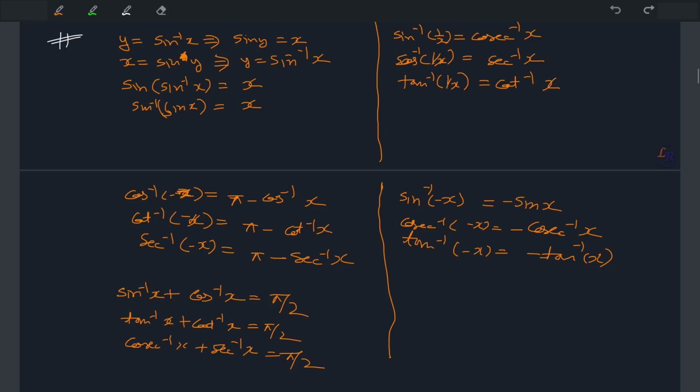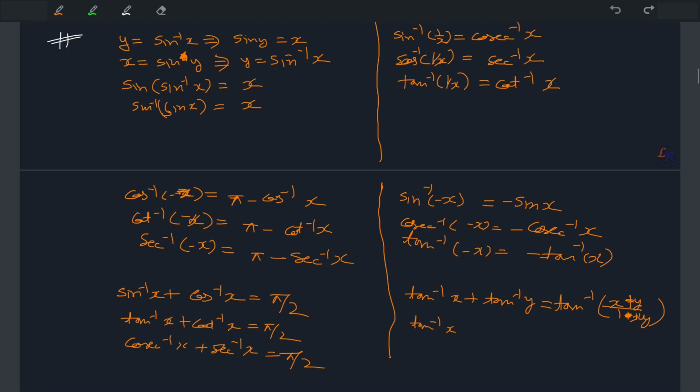The other type we saw for tan: tan inverse x plus tan inverse y can be written as tan inverse of x plus y upon 1 minus xy, right?